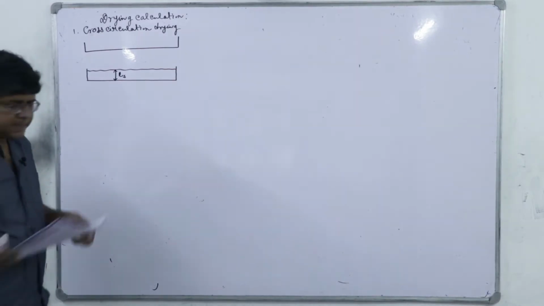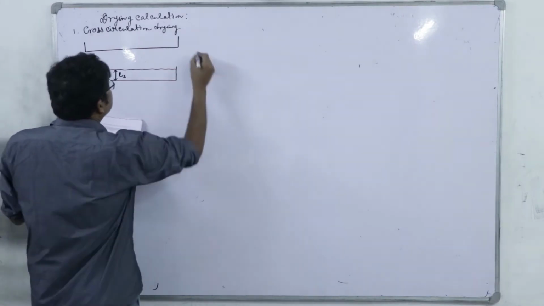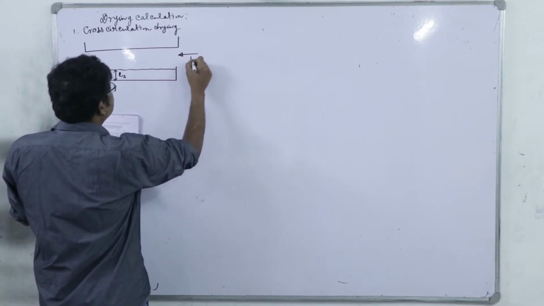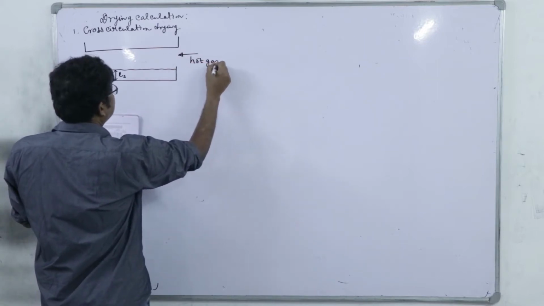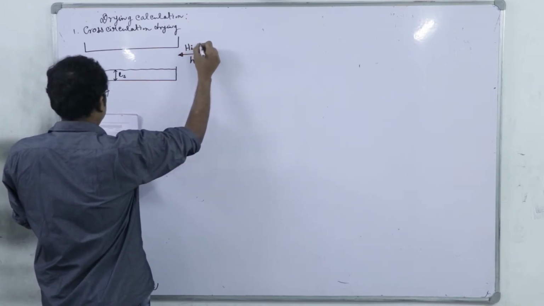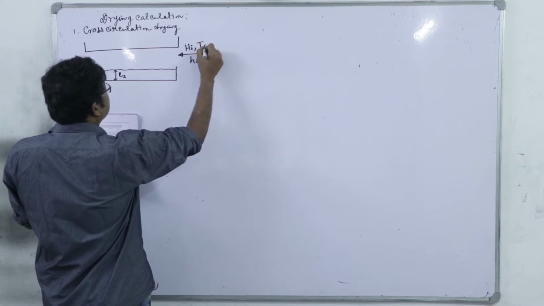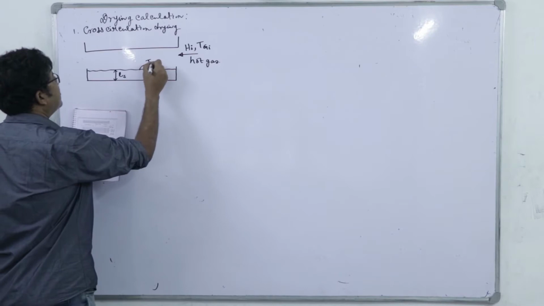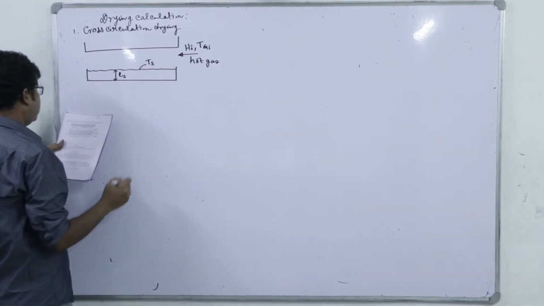So, the inlet hot gas which is circulating has got a humidity Hi and its temperature is Tgi. The solid surface temperature is Ts, right.